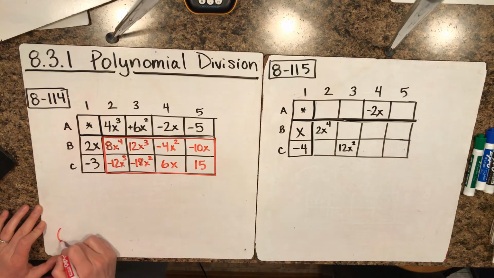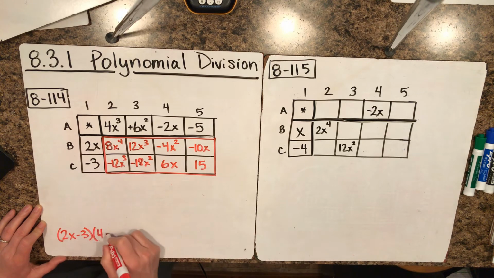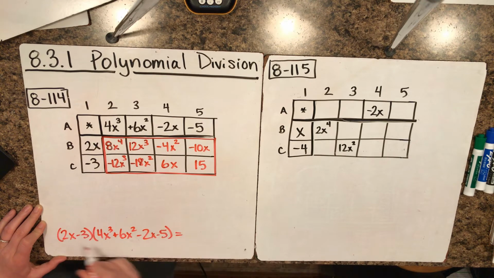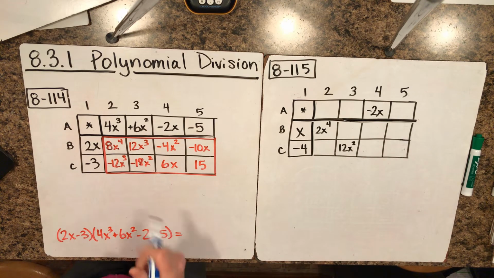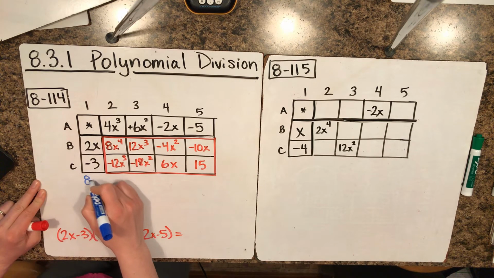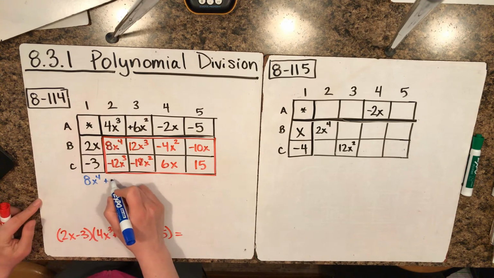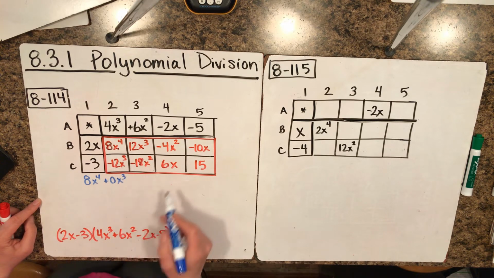And really what we're saying is, if we multiply 2x minus 3 times 4x cubed plus 6x squared minus 2x minus 5, that's the product. The sum that we get, and I'm actually going to write it up here, is 8x to the fourth plus 0x cubed, because it's negative 12 and positive 12.